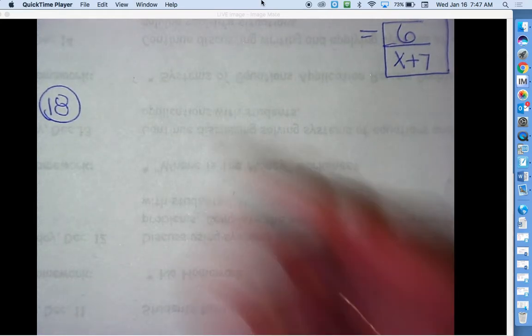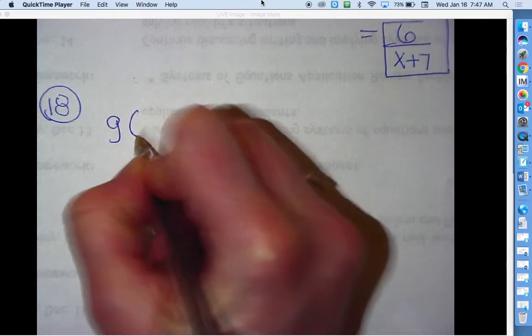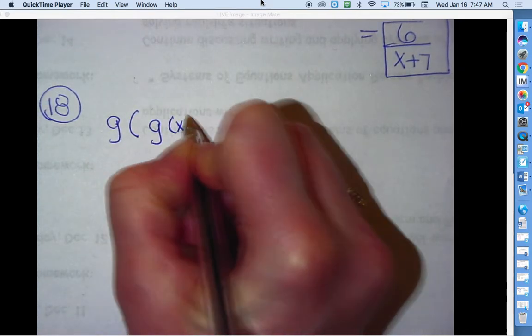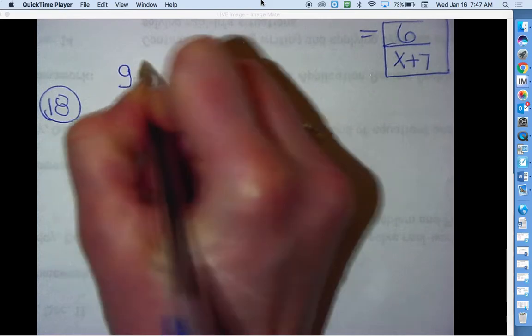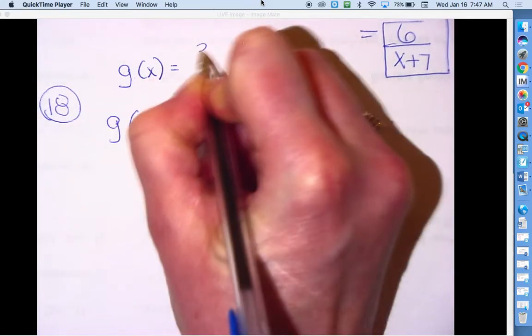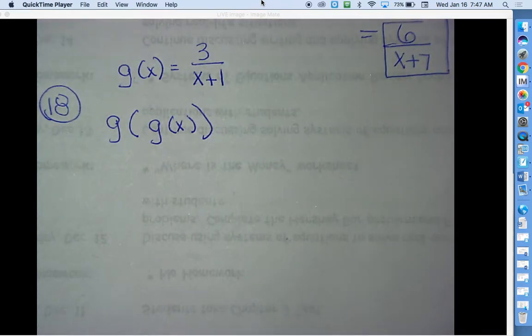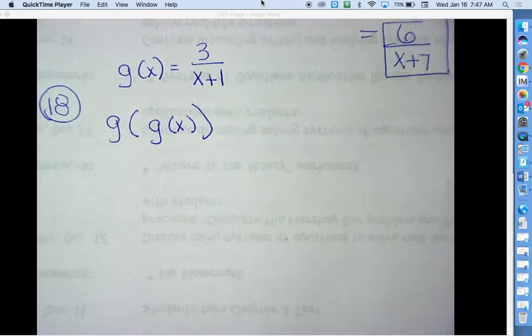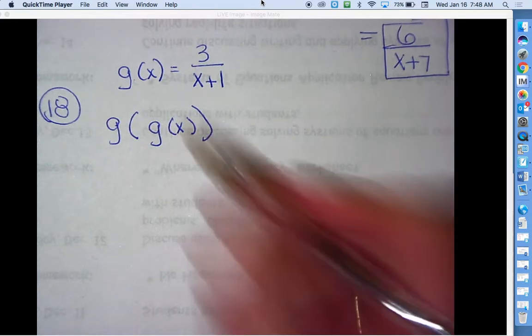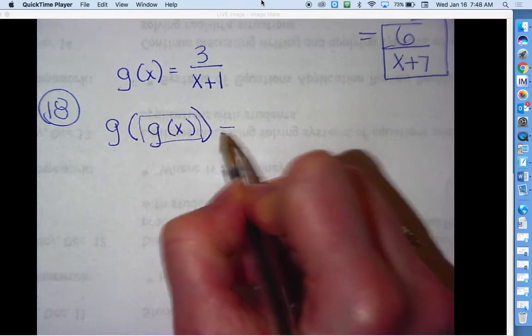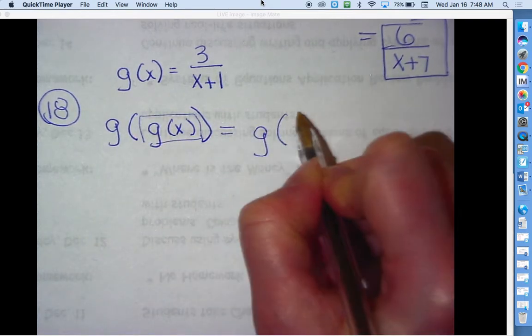Number 18 says g of g of x. And again, just a reminder that g of x is 3 over x plus 1. So working through the problem the same way, we have this composition or composite function. We're going to take out the inside and replace it with the g function.